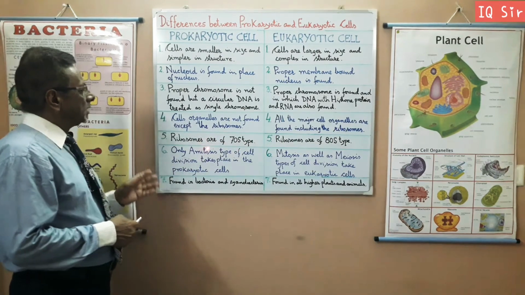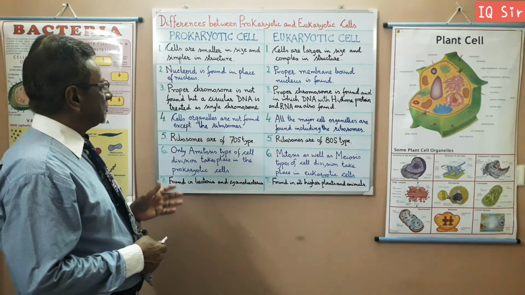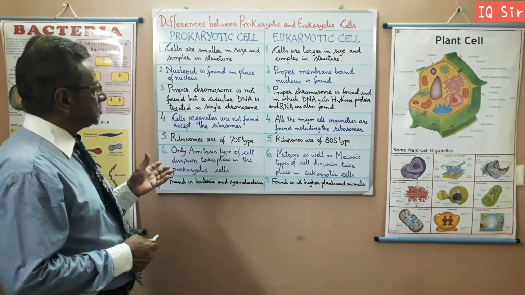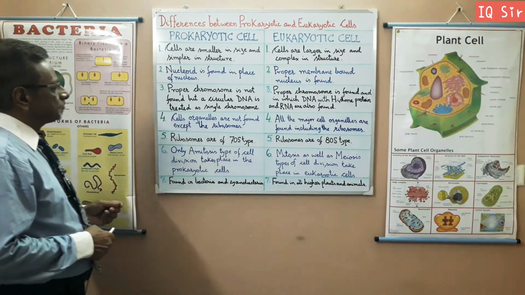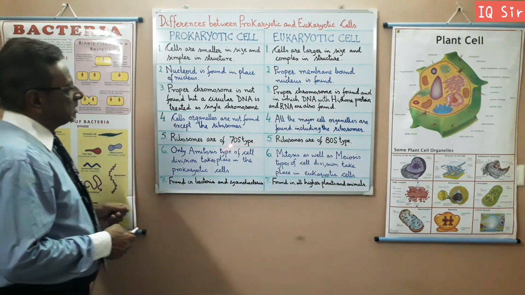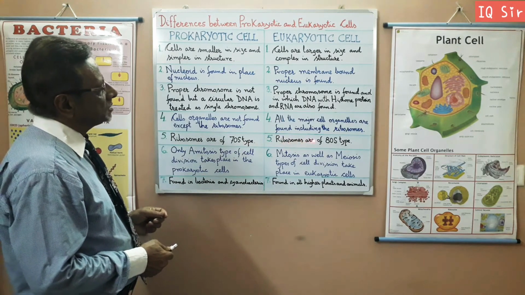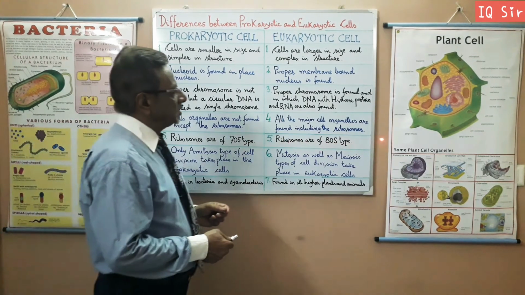Here the ribosome has two parts, a bigger unit and a smaller unit, which together are known as 70S. And in eukaryotes the ribosomes are of 80S, 60 plus 40.